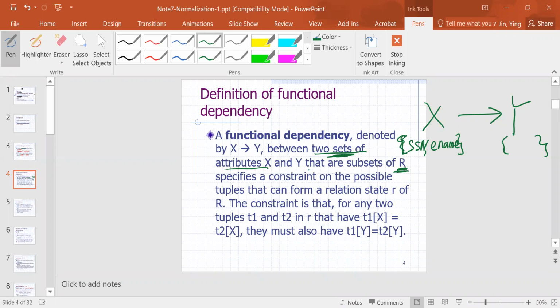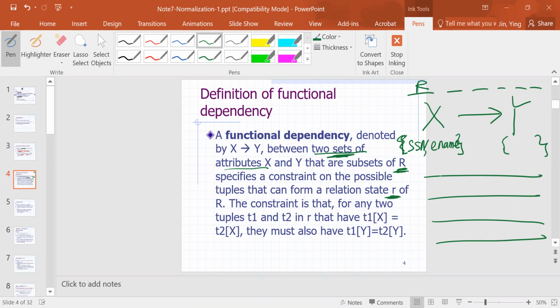So a functional dependency is a constraint. Whenever we have any relation state, it doesn't matter which, we have the following constraint. I have attributes X and Y coming from R, and R has many attributes, and then I have tuples, one tuple, another tuple.